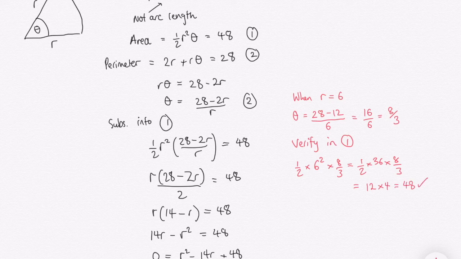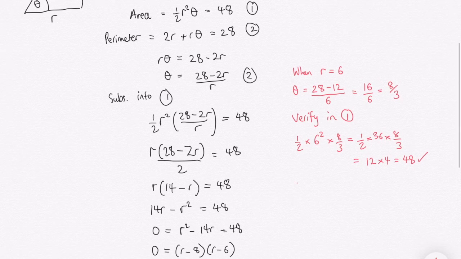Similarly, let's verify when r equals 8. So when r equals 8, theta equals 28 minus 16 over 8, which is 12 over 8, which is 3 over 2.